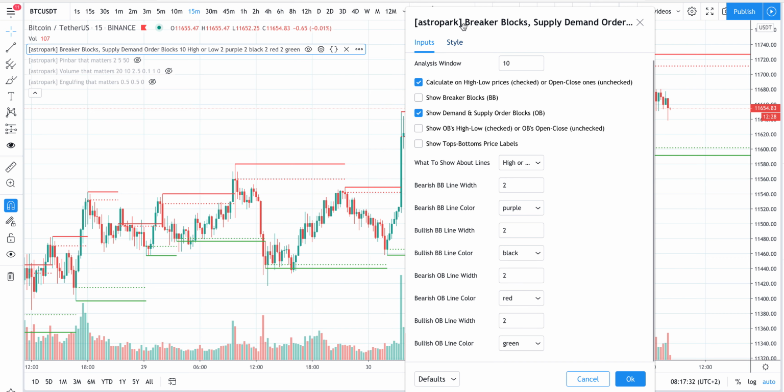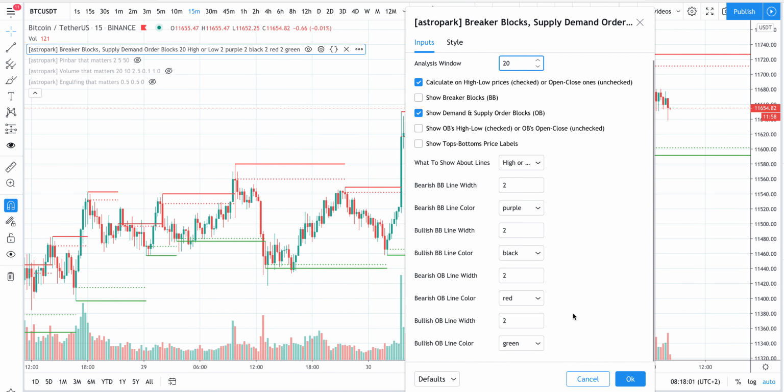Another important aspect to customize is the analysis window. In this case it is 10, so 10 candles are analyzed in order to find these zones. You may write, for example, 20. You can double this and you will get something very different.